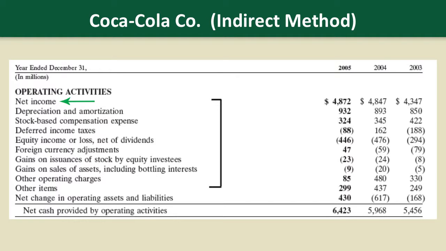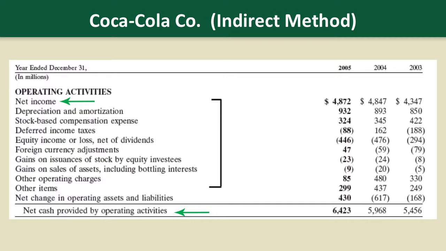Some of the adjustments are positive, some are negative. After all these adjustments, what we reach is the summary line of this section. They call it net cash provided by operating activities. Some people also call it operating cash flows. So this is a statement of cash flows prepared under the indirect method.